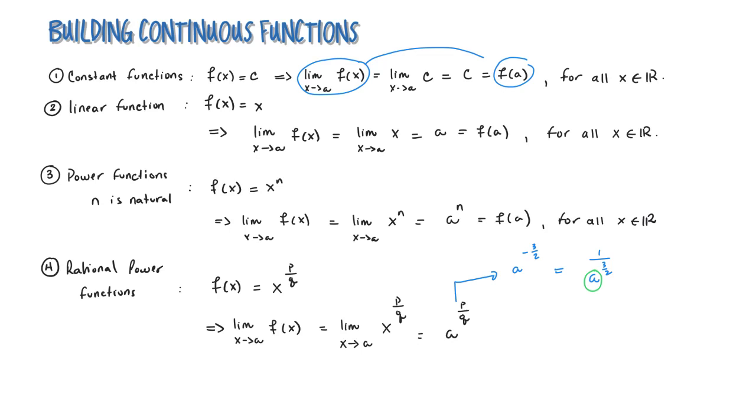So we are still keeping all of those agreements here, that this number a to the p over q has to make sense. But my goodness, this is quite elaborate already. Let me put over here that this is true for all x in the domain of the function f of x.